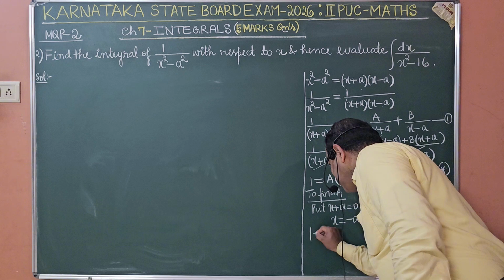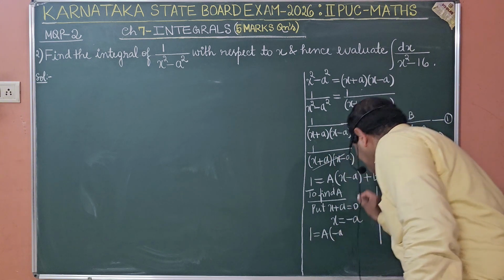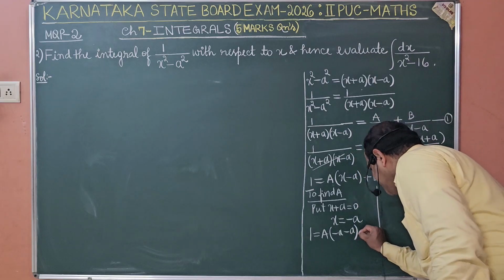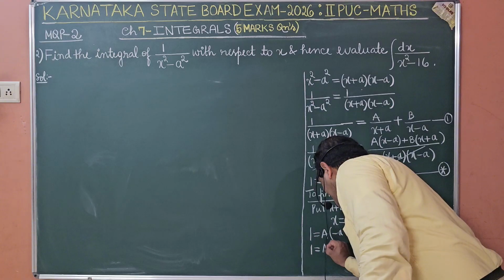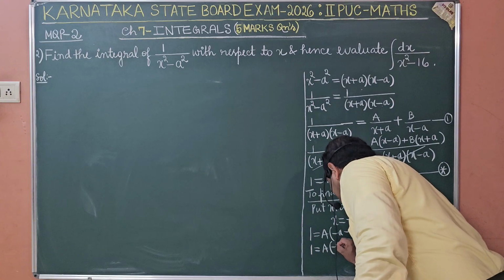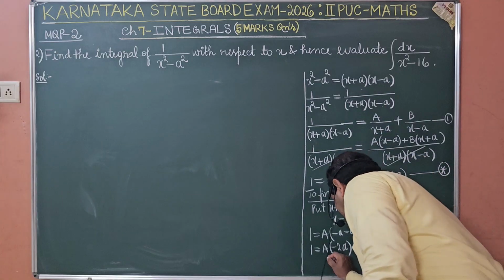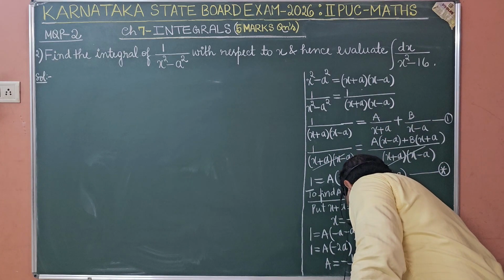We get 1 is equal to A into x minus a, and another minus a as it is. This term we only made 0, so plus 0. Therefore 1 is equal to capital A into minus 2 times small letter a. Therefore capital A is minus 1 by 2a.